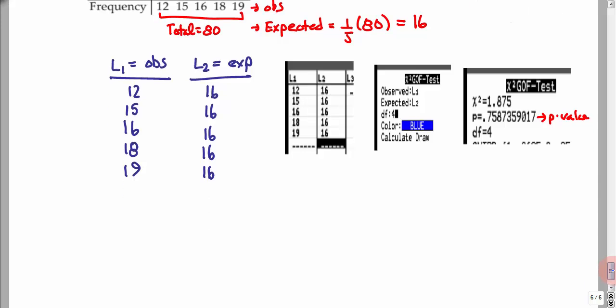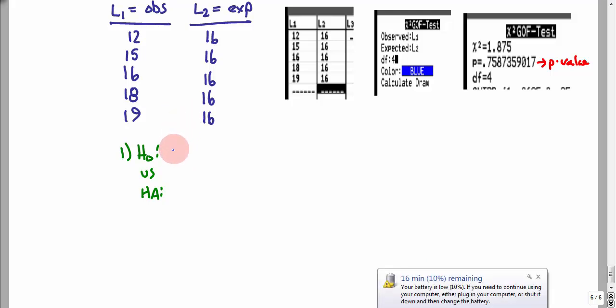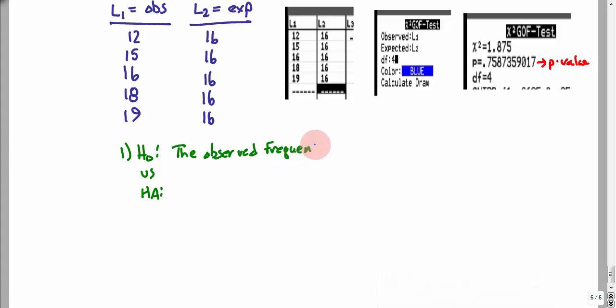But we have all of our summary values now, so we're going to go through and test this formally. Step 1, H0 versus HA. For my chi-squared goodness of fit test, we're basically saying the observed frequencies match the expected frequencies.